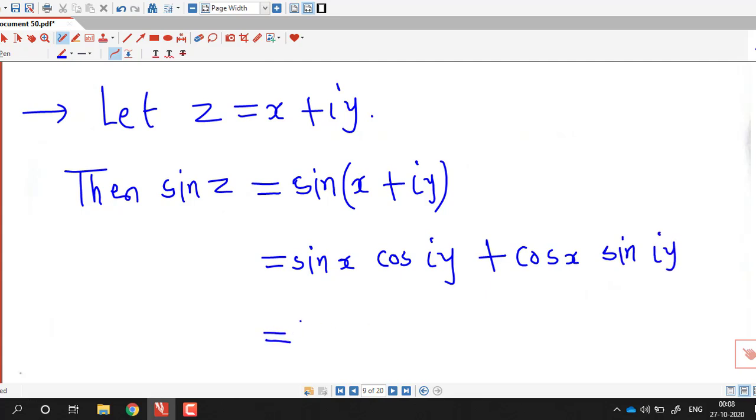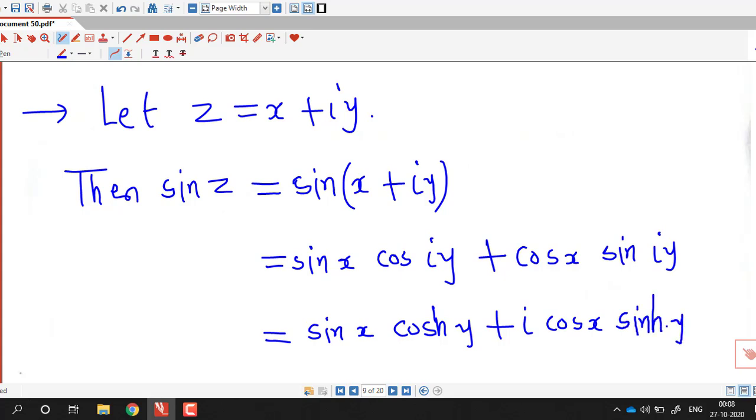Again, using the relationship between trigonometric and hyperbolic functions, we can replace cos iy by cos hyperbolic y, and sin iy is replaced by i sin hyperbolic y. So it is i cos x sin hyperbolic y.